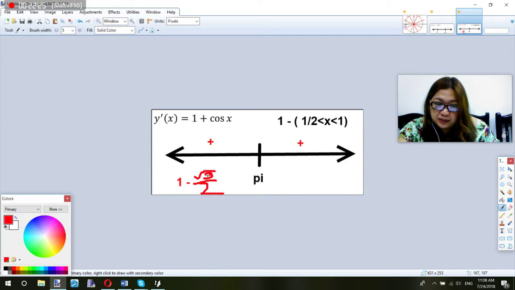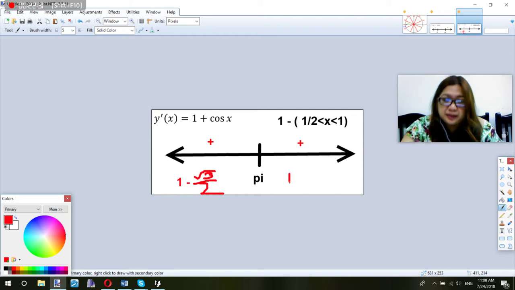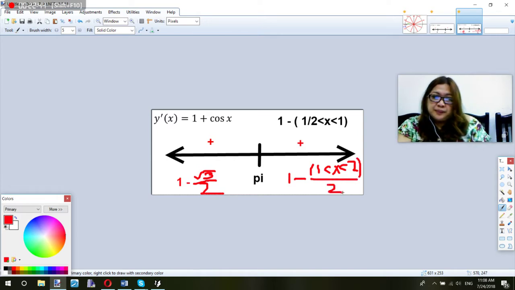This square root of 3, we said, is some number between 1 and 2, so this is 1 minus some number between 1 and 2, over 2. So this whole fraction is between 1/2 and 1. That means 1 minus that fraction is going to be between 1/2 and 0, so it must be positive.